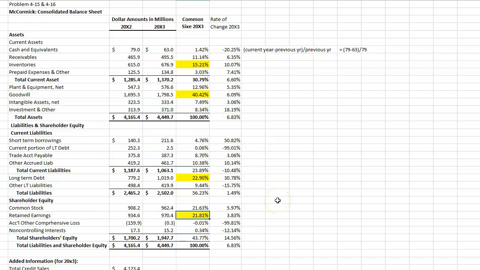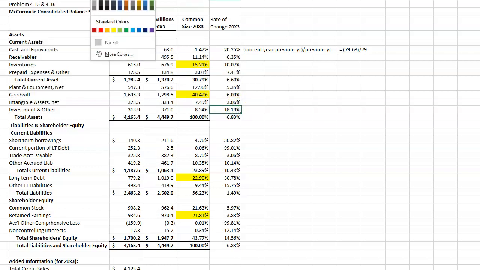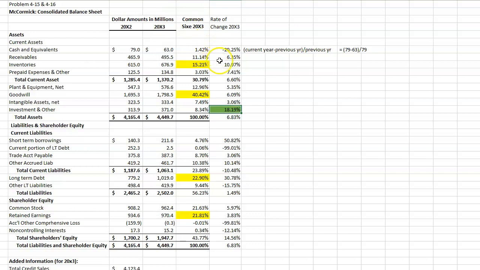All right, then it wants to know which ones grew the fastest. On assets, it would have been investments and other assets. I'll make these different colors. And inventory grew. There was the biggest change in cash, but the other ones grew.